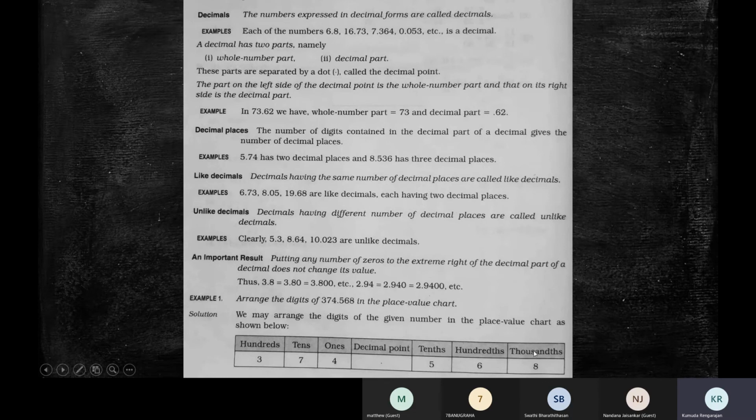Okay, so this is 1 by 100, this is 1 by 1000, this is 1 by 100, this is 1 by 10. Decimal point, 1, 10, 100.